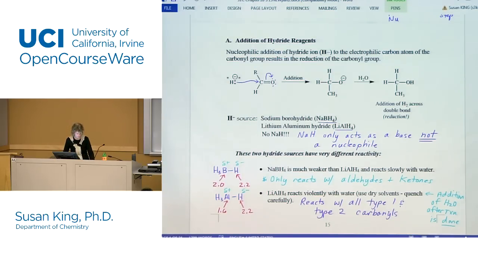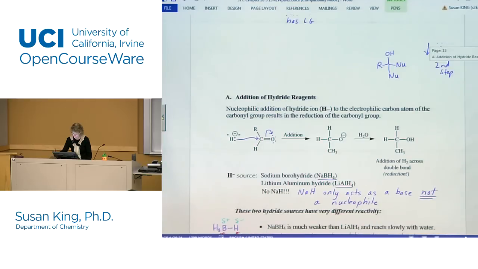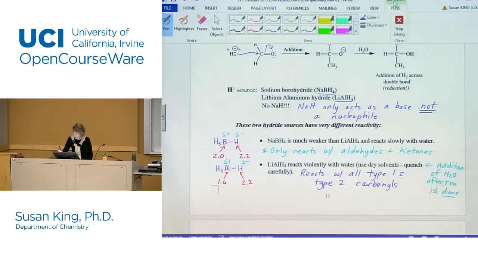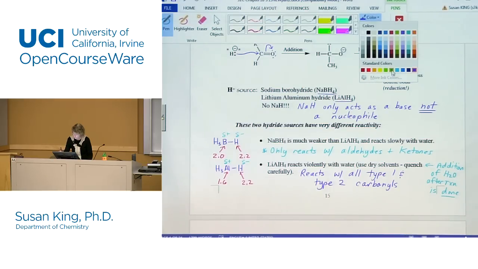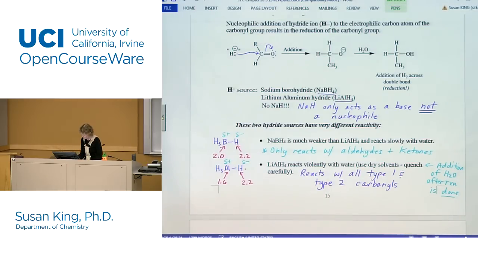And it does exactly what you would expect it to do. I do want to label this, so when you come back and see that later, you'll know what we're talking about here. So here, greater concentration of negative charge on hydrogen. Therefore, it's going to be more reactive.